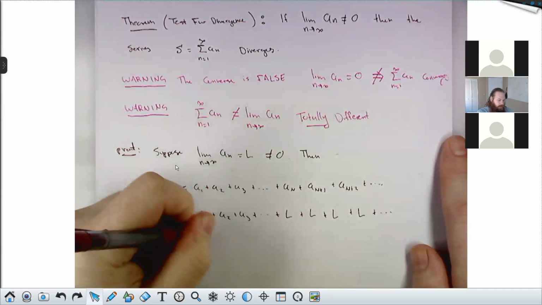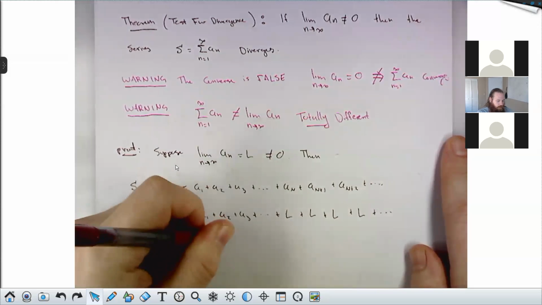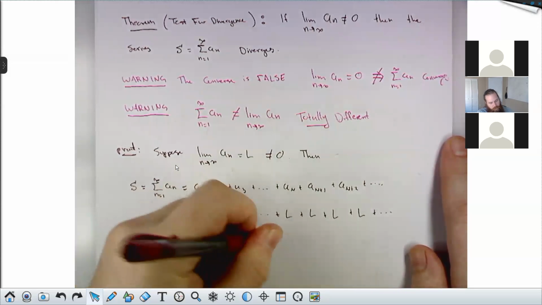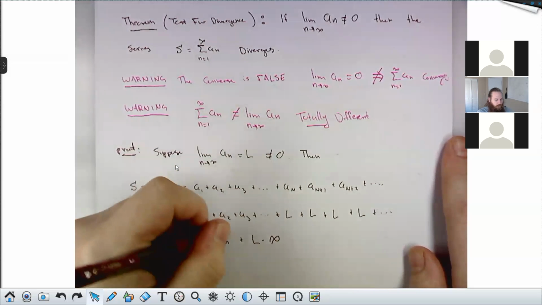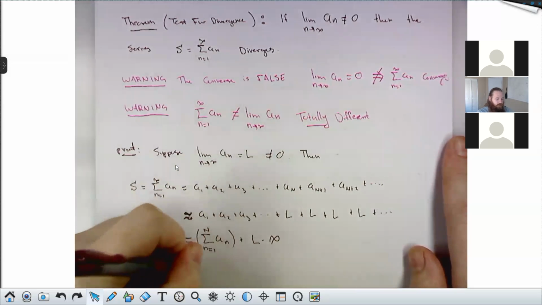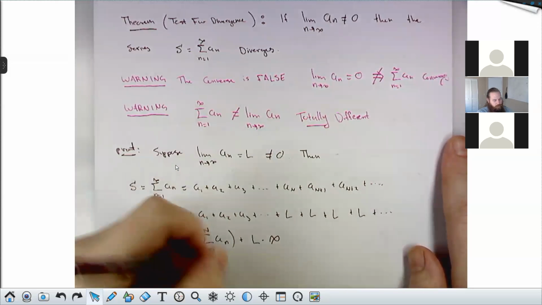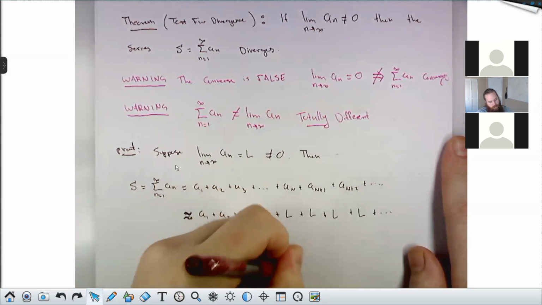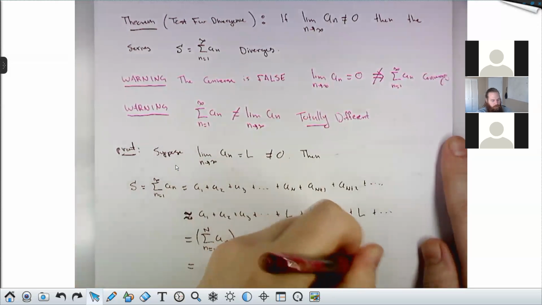And that is the sum from 1 to capital N of a little n plus L times infinity. And since L is not 0, L times infinity is definitely infinity. So the series sigma n from 1 to infinity an diverges.